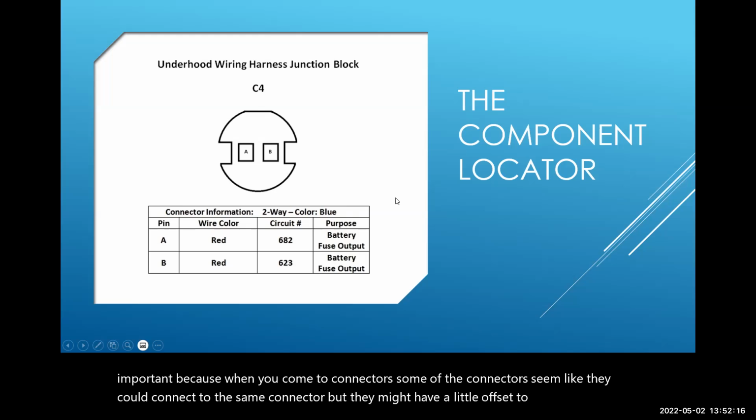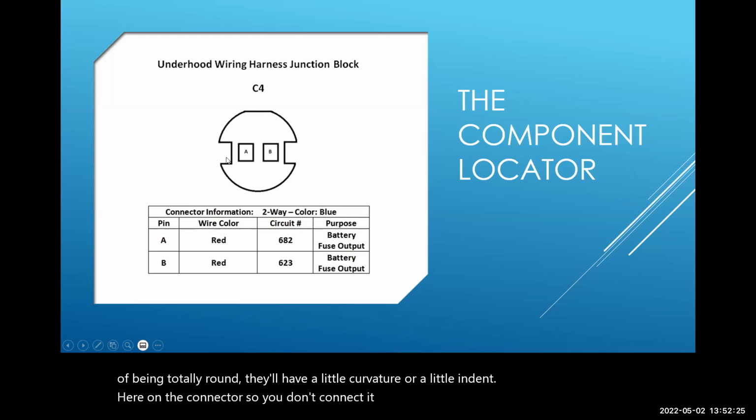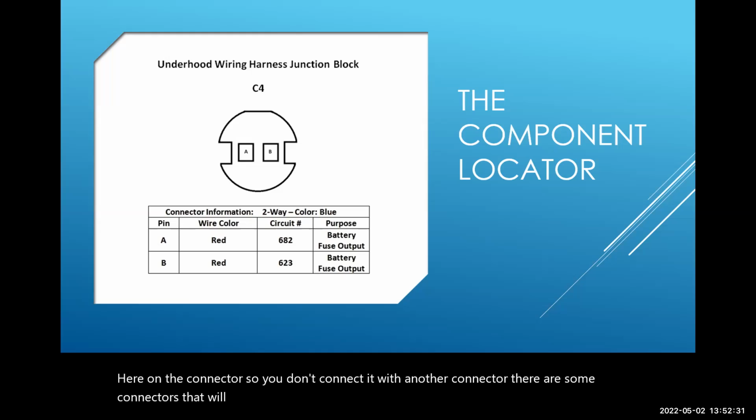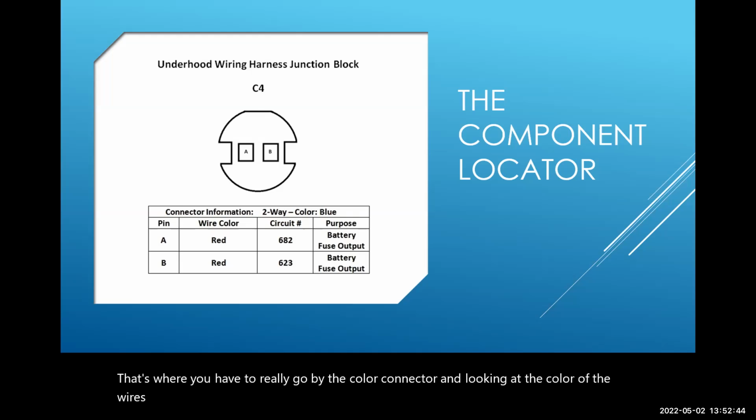Like instead of being totally round, they'll have a little curvature or a little indent here on the connector, so you don't connect it with another connector. There are some connectors that will connect, and you have really huge problems. Now, that's where you have to really go by the color of connector and looking at the color of the wires. This is going to help you a little bit also.